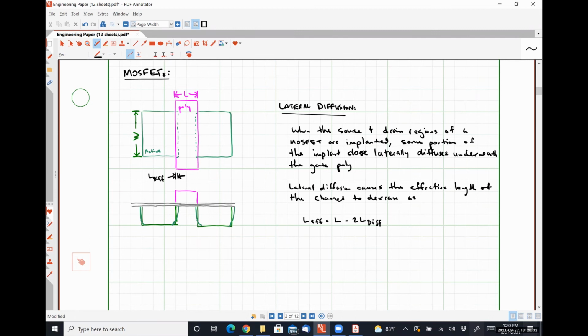The next thing we do is use the active region to cut a hole, or the active region patterns where the hole in that field oxide layer is going to be cut to allow us to place our implants, right? And then we use the select layer to actually target things.